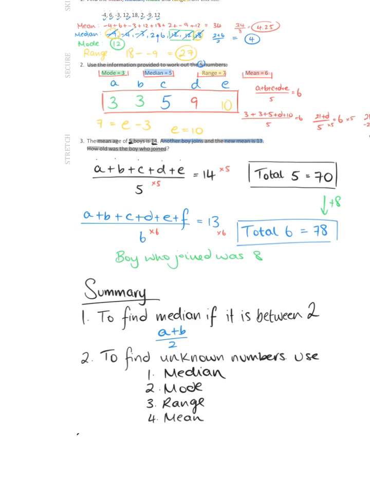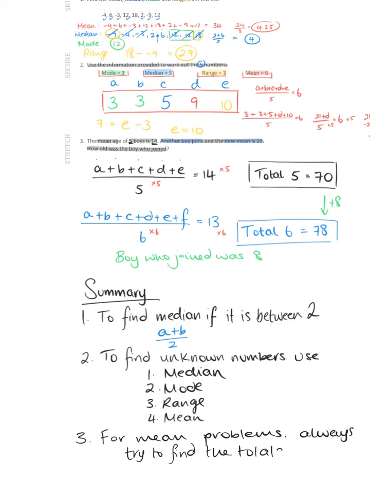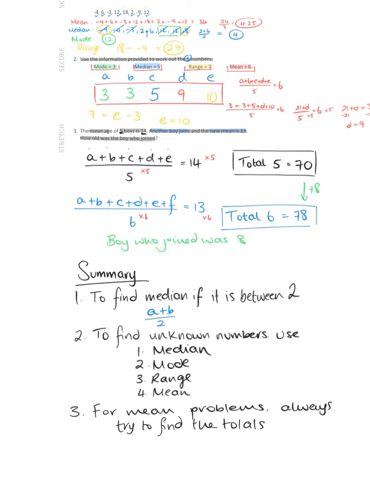And then number 3, for mean problems, always try to find the total. And the totals we get from doing the mean times by the number.